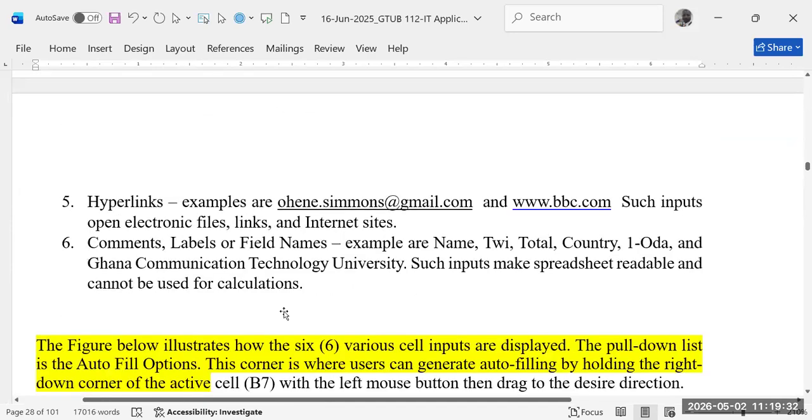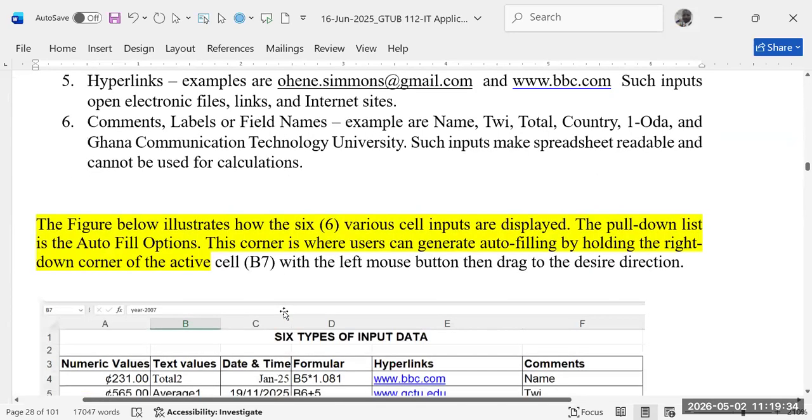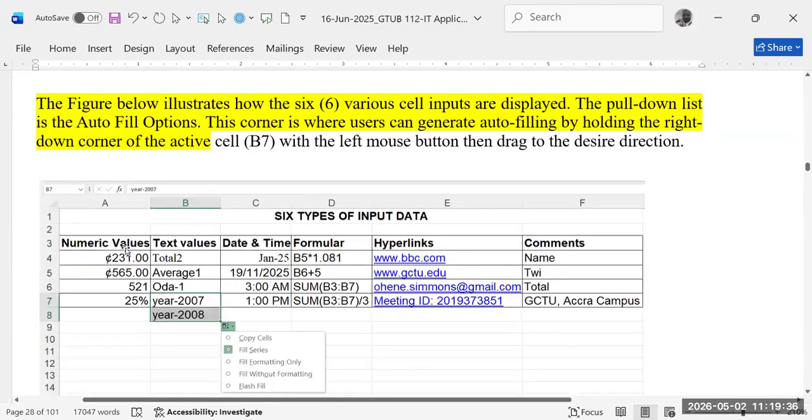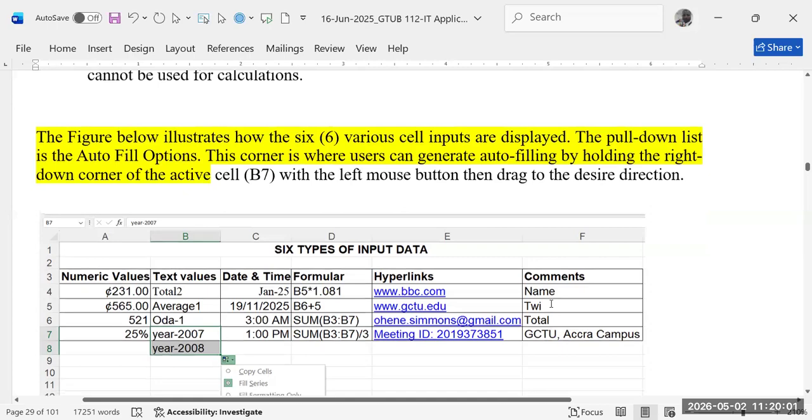We've done this before. When you come here, these are numbers, text values, date and time. Look at the position. This one can be used for calculation, the series sign behind. And these are text values, text before value. Something like this is normally used for automatic numbering, date and time, formula, hyperlink, comment. The comment makes the spreadsheet readable.